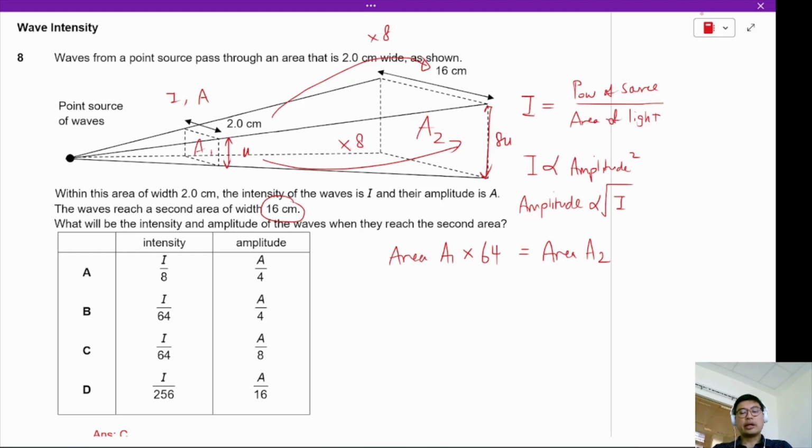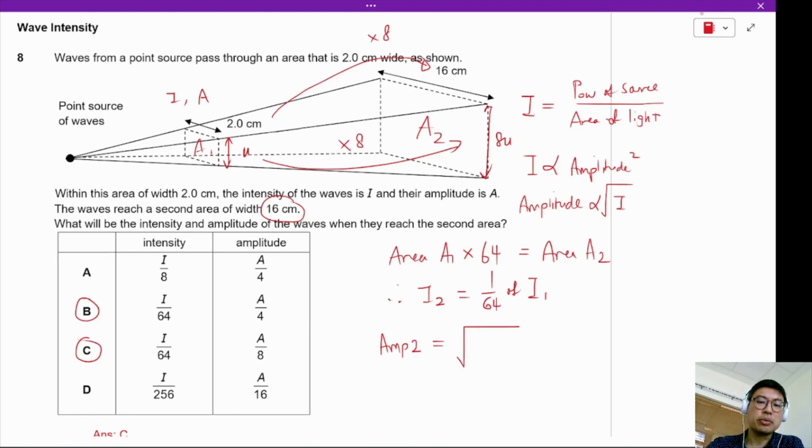So if the area is multiplied by 64, therefore the intensity I2 will be 1/64 of the intensity I1. What about the amplitude 2? The amplitude 2 will be the square root, because the amplitude is the square root of intensity.